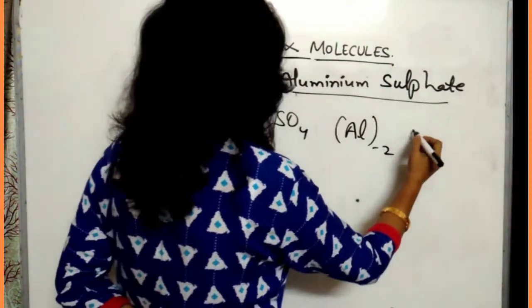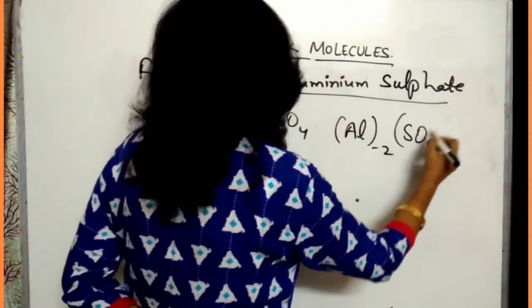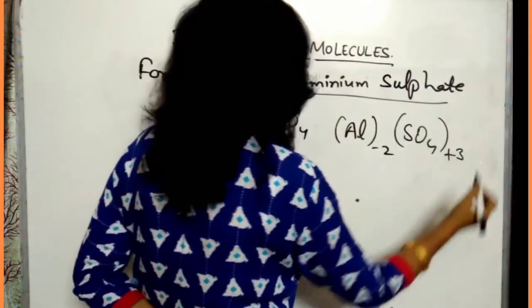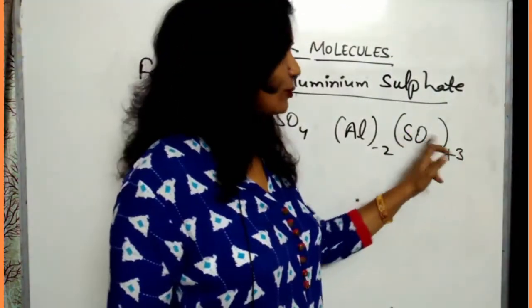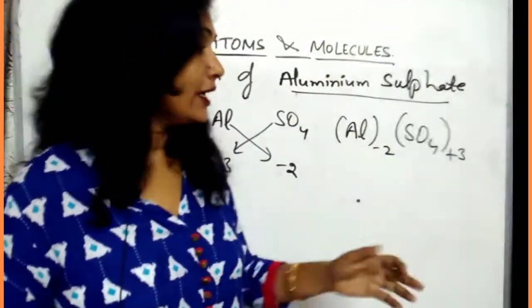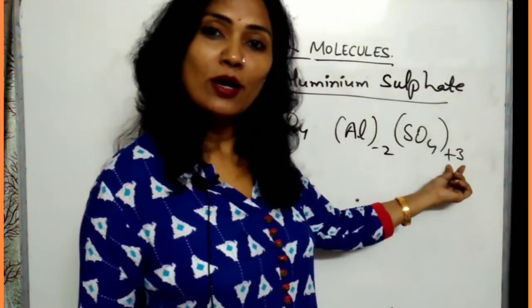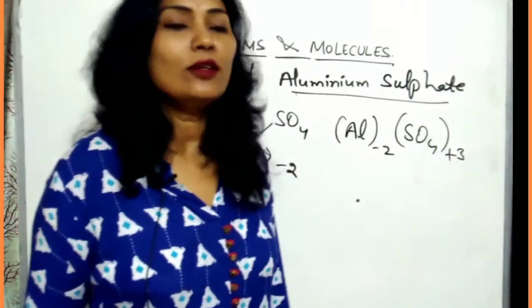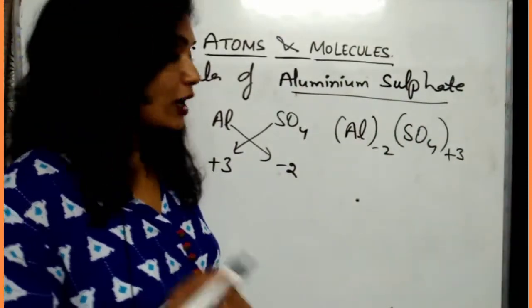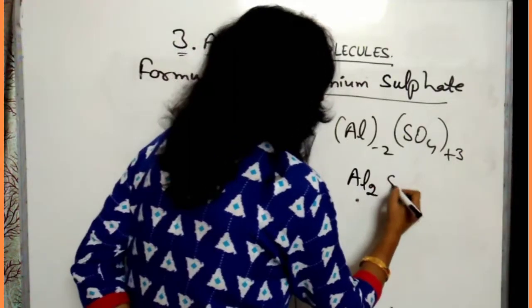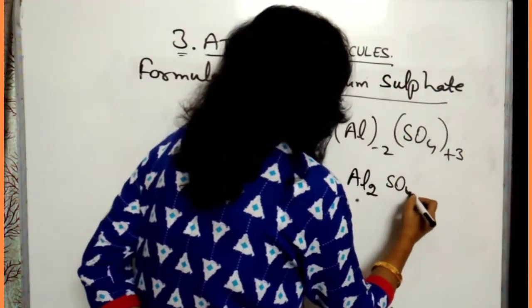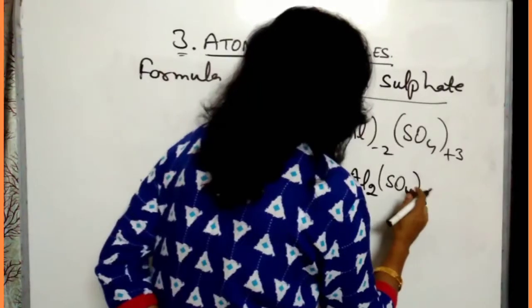Al minus 2 and SO4 here plus 3. You can see we have put the bracket. Here its valency is more than 1, it's plus 3. So we will not take off the bracket here. We will write Al2(SO4) whole thrice.